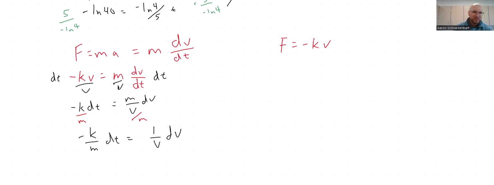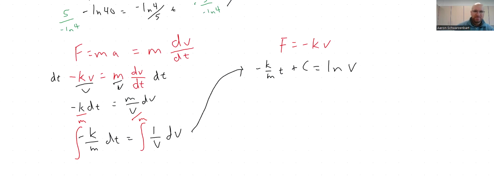It is now time to integrate both sides. The left side becomes interesting because k over m is a constant. That's just a constant. So that leaves me with negative k over m t plus c. I'll put the c over there. ln v.